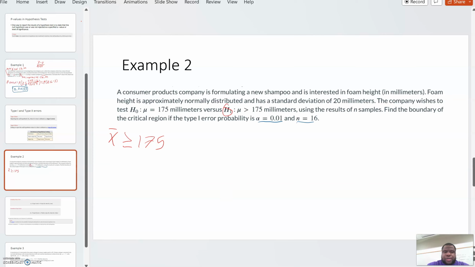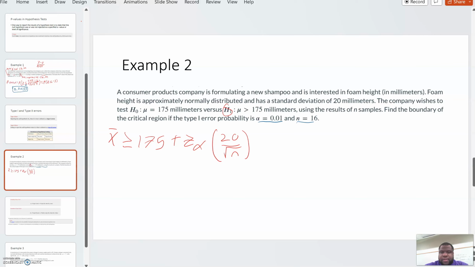And for this boundary, it'll need to be 175 plus our z alpha, our critical value, times 20 over the square root of n, being our formula, where 20 is our standard deviation.